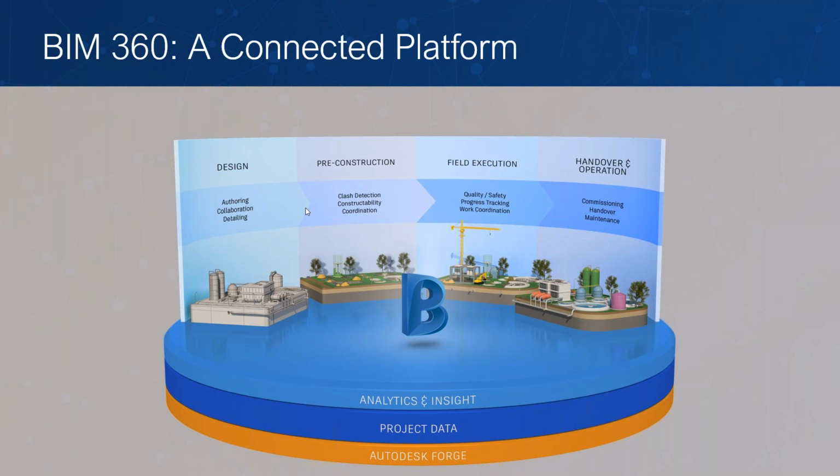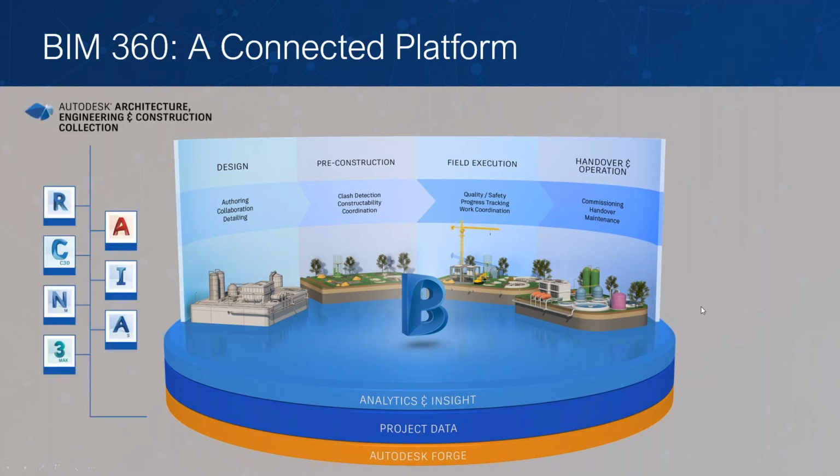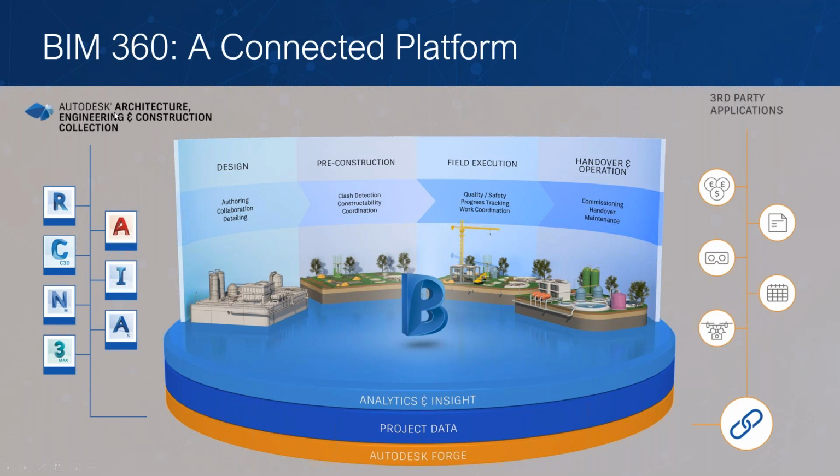Moving further, we understood how BIM 360 could work as a connected platform. Let's understand how the different tools work. For example, the design, authoring, and collaboration tools could be Revit, Civil 3D, Advanced Steel, 3ds Max, Navisworks, AutoCAD. Any of these tools which you utilize could all be pushed to the cloud, which are the AEC Collection tools.